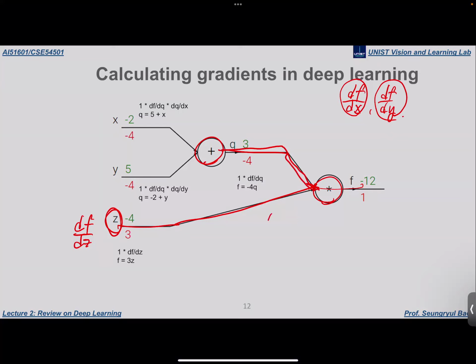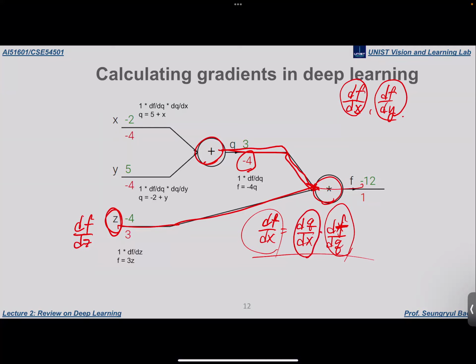Then df dx could be calculated by two steps. By these two steps, we can calculate df dx. And for this, we already calculated -4, right? The thing we have to further calculate is dq dx.